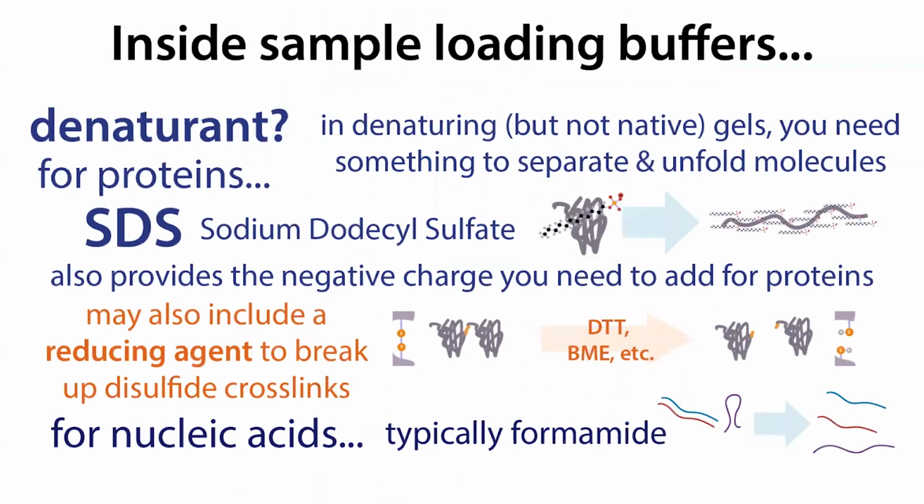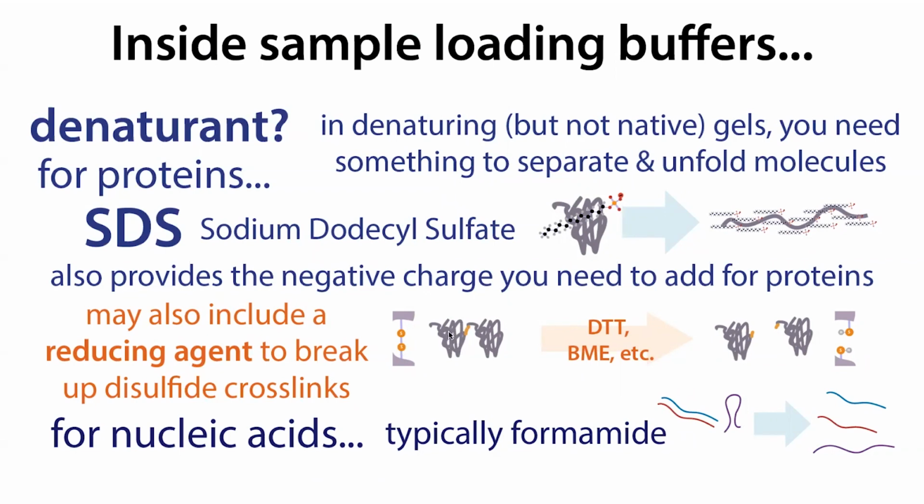For proteins, if you want to unfold things all the way, you're probably going to want to include a reducing agent. So a reducing agent is something like DTT, dithiothreitol, or BME, beta-mercaptoethanol. And what these can do is they can break up disulfide crosslinks. So basically, these disulfide crosslinks are between these cysteine residues, either within the same protein or within different proteins.